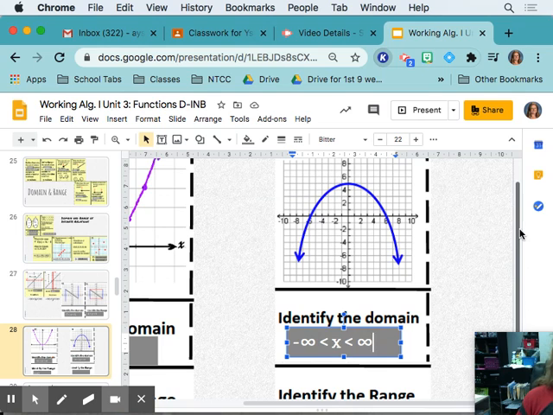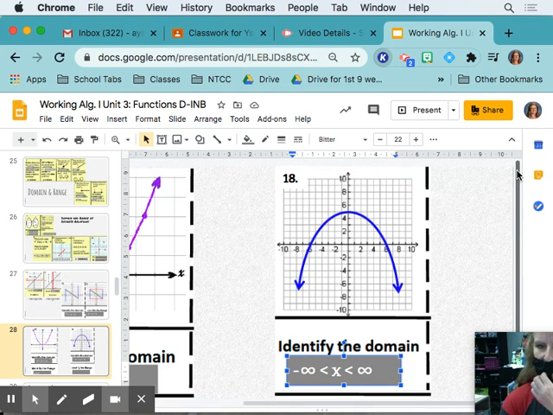All right, and then our range. What axis do we look at for the range? The y-axis, which is the one that is vertical. So we start at the origin. How far down will it go? Infinity. It's going to keep on going down to negative infinity. How far up will it go? Positive 5. So how can I write that the y values go up to 5 but are below 5?